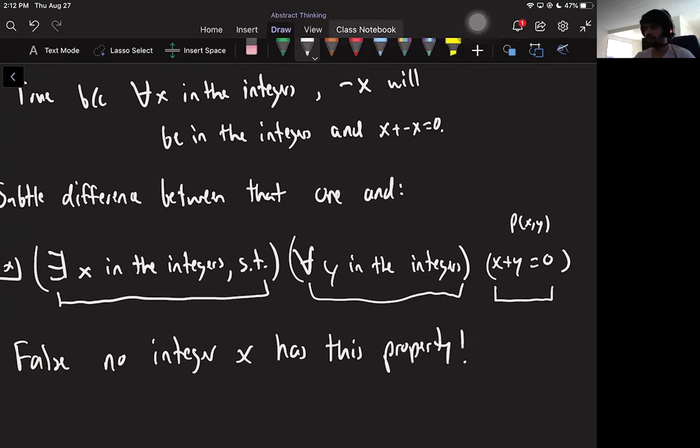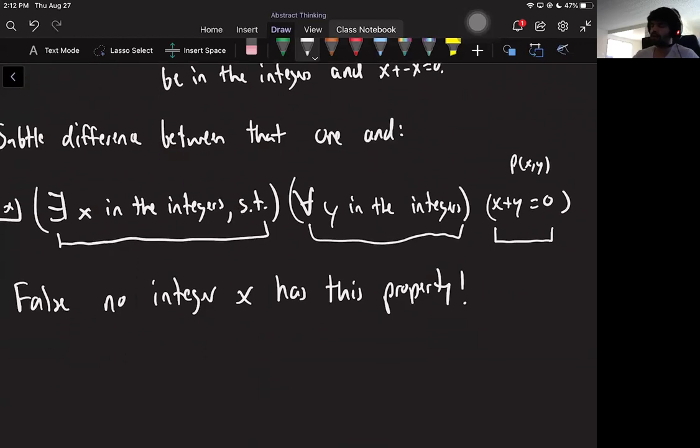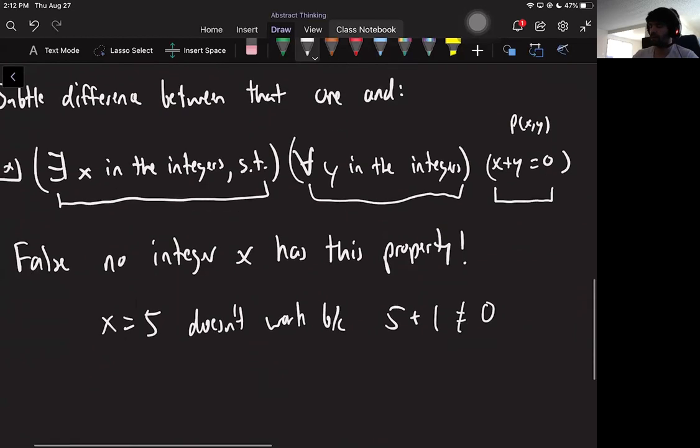Now, showing something does not exist is kind of hard. So for example, I can say why specific things don't work. So for example, x equals 5 doesn't work because 5 plus every single number that I can think of is not going to give me 0. For example, if I use 1, I don't get 0. But it also doesn't work for plenty of other numbers.